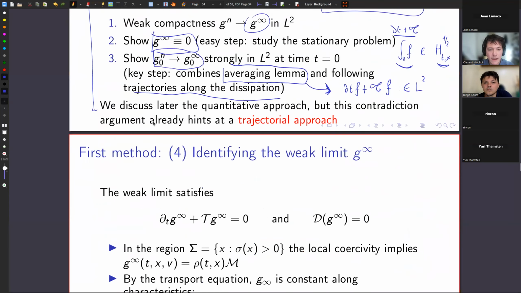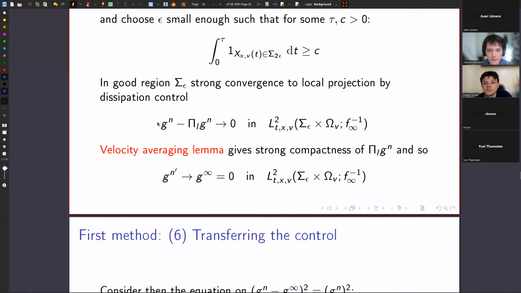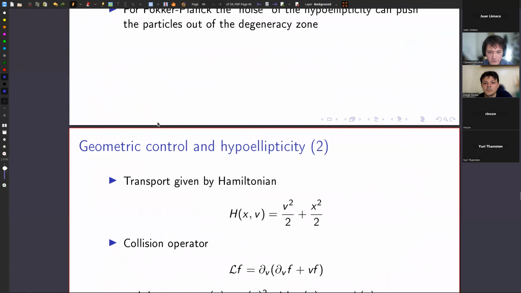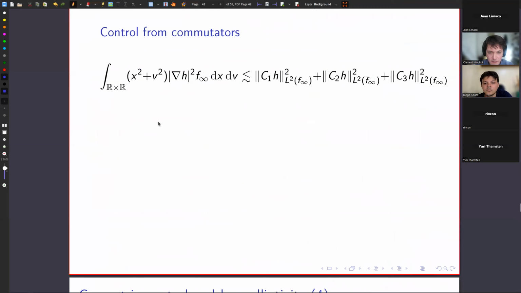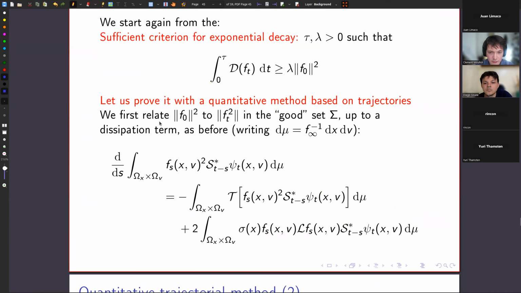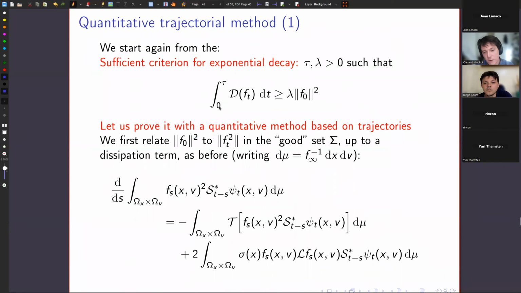Okay, and I'll skip the rest of the details on the contradiction argument, and I'll just talk about the argument fully based on the trajectories. So when you want to do everything along the trajectories, you restart from your observability inequality, and you write a GML formulation with a certain test function that you construct well.